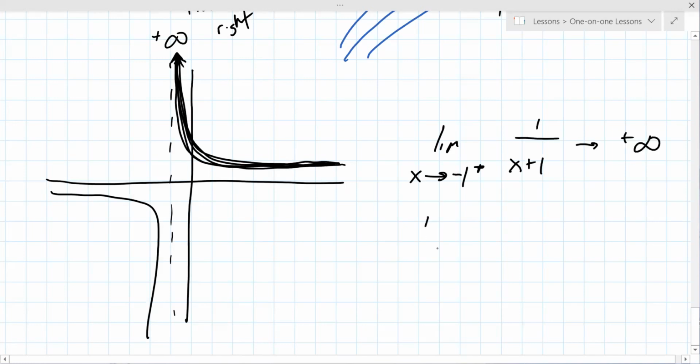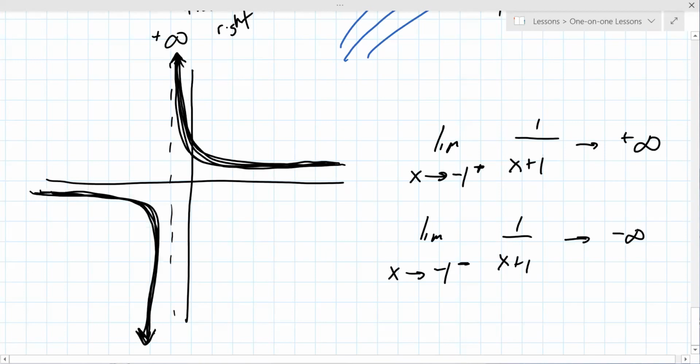Now let's look at the other way. What's the limit as x approaches -1 from the left? From the left means I'm coming from the left, and it goes to negative infinity. Do these approach the same value?